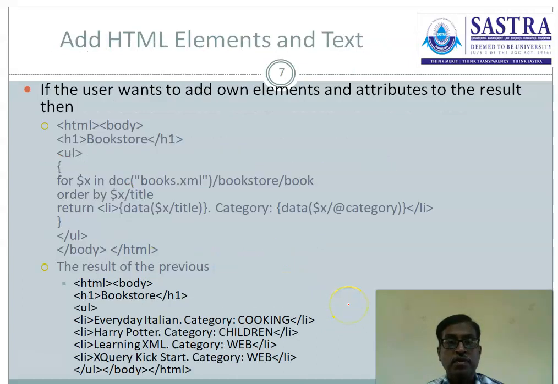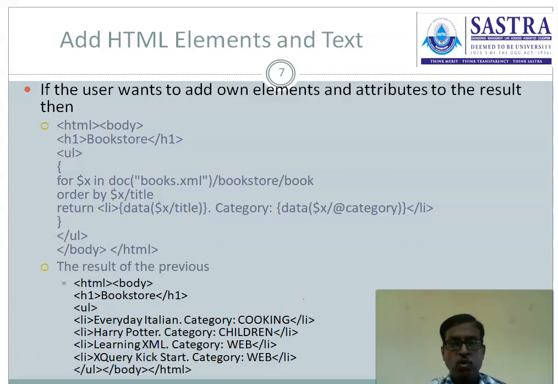If the user wants to add, as I said previously, you can use whatever tags are already available in the XML that you can print, or extra elements can be included. That may be your own element, like child and adult in the previous example.